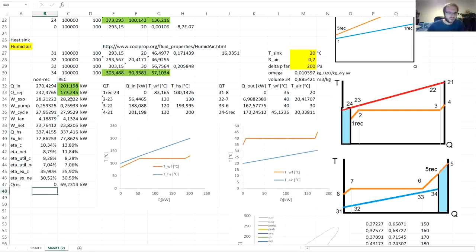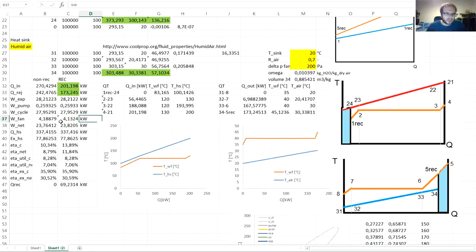Okay, so now let's see the difference between the non-recuperated and recuperated system. Heat input and rejected heat both are lower by the recuperated heat in the recuperated case, which translates into higher cycle efficiency, but the work of the expander, work of the pump, and work of the cycle remains the same.